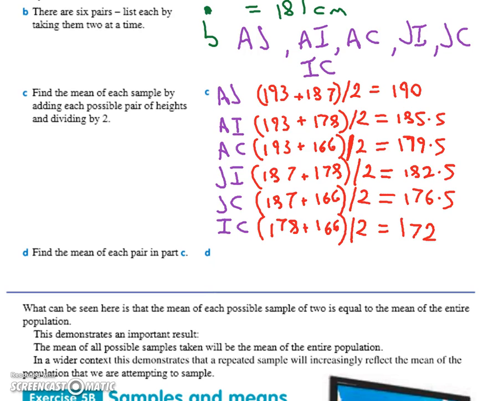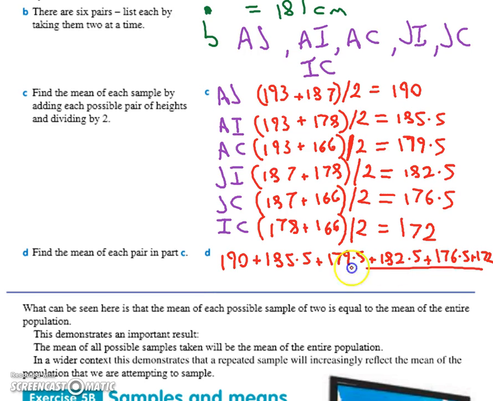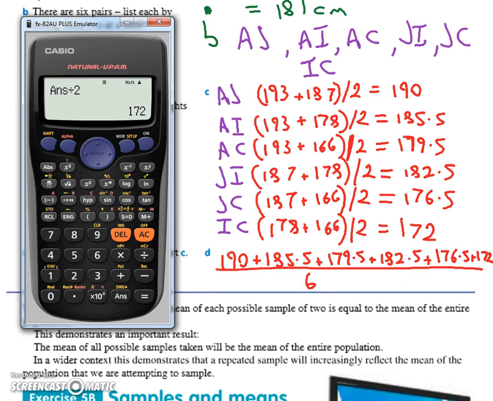So you go 190 plus 185.5 plus 179.5 plus 182.5 plus 176.5 plus 172. Plus.